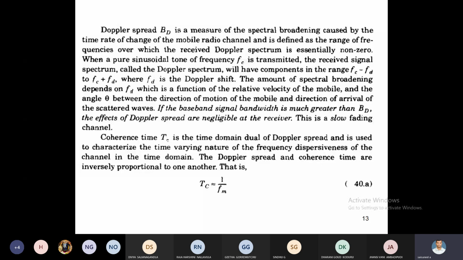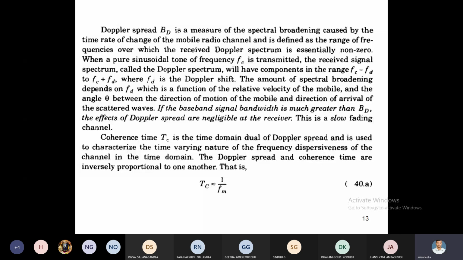This is about Doppler spread. Suppose the baseband signal bandwidth is much greater than BD, that is, we have sufficient bandwidth, then the effect is negligible. Next, we are going for coherence time.